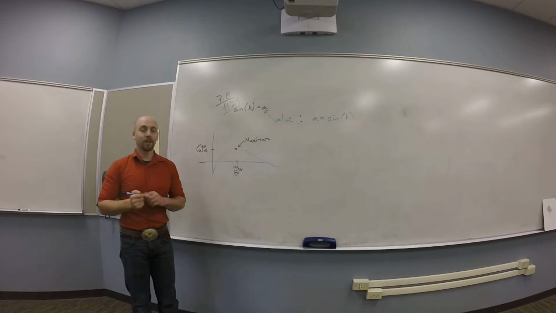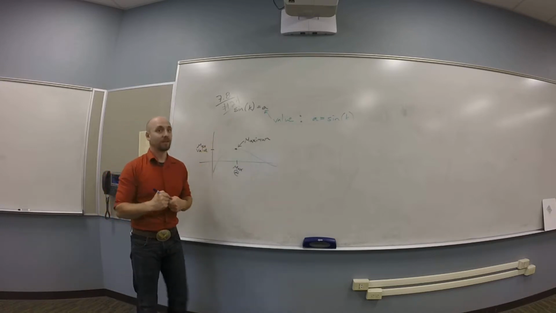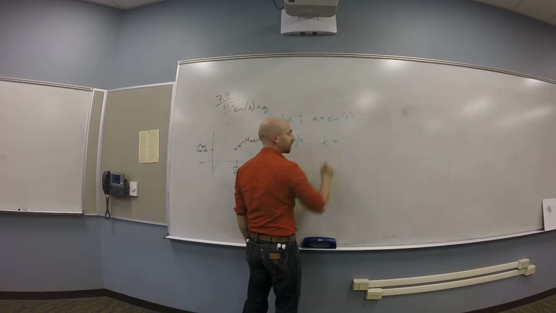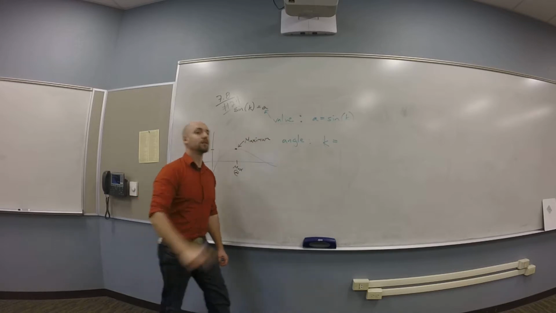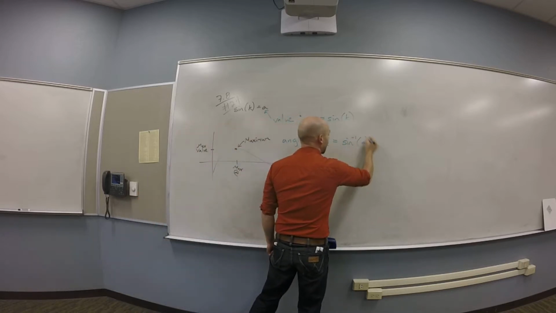Cool? Now the angle, which of the things here is an angle? K is an angle. So the angle expression would be to get k by itself. So k equals inverse sine of a. So k is sine inverse of a.